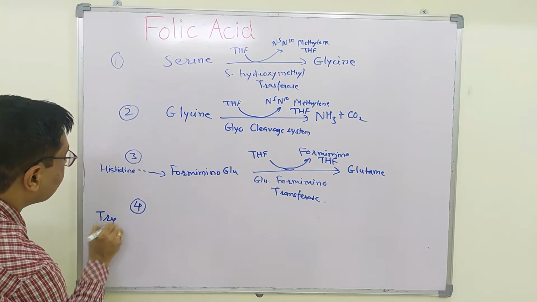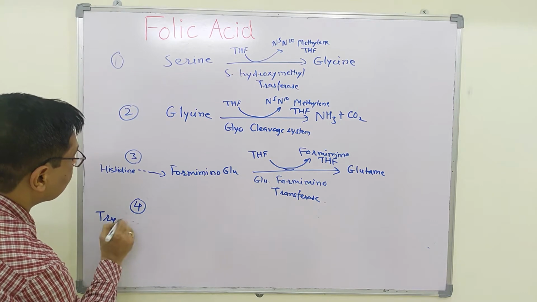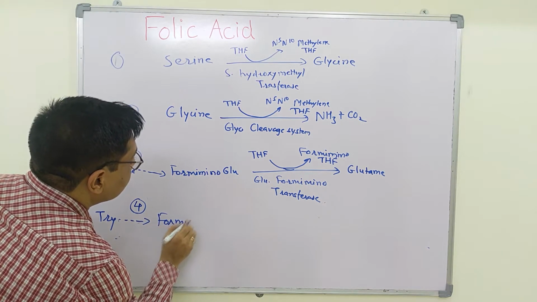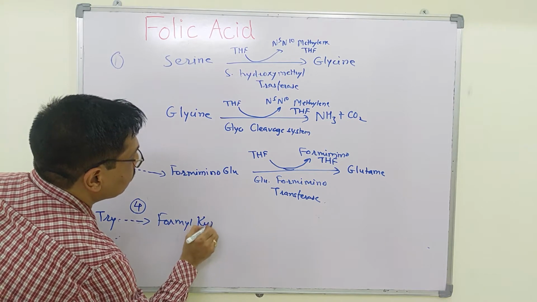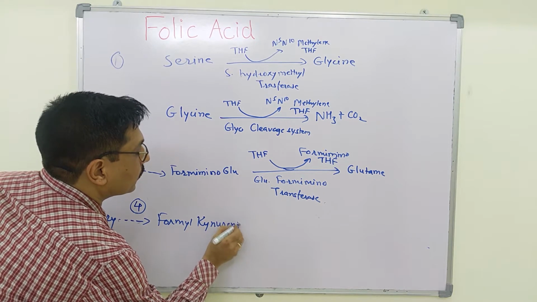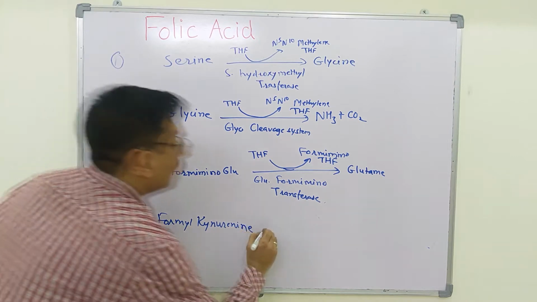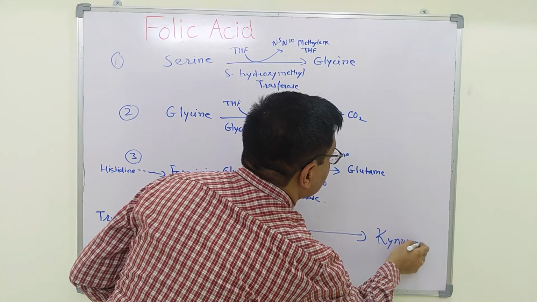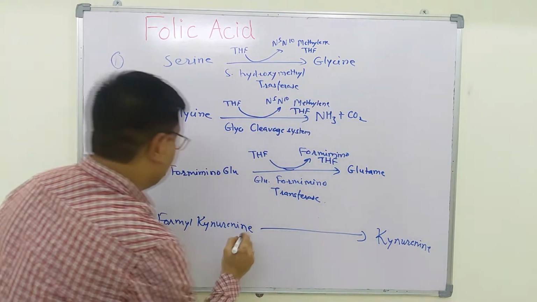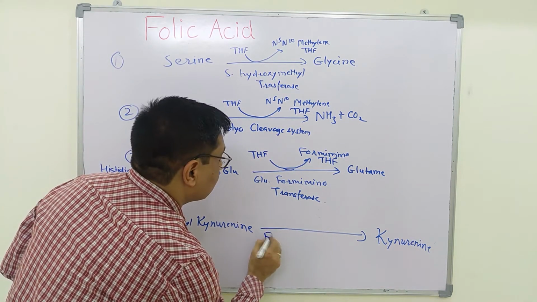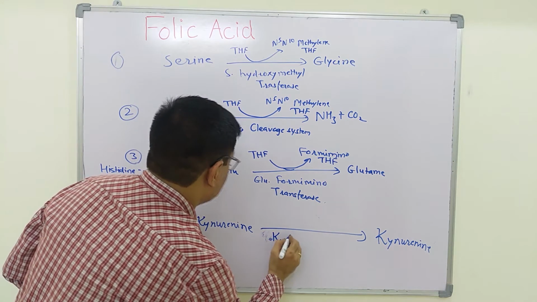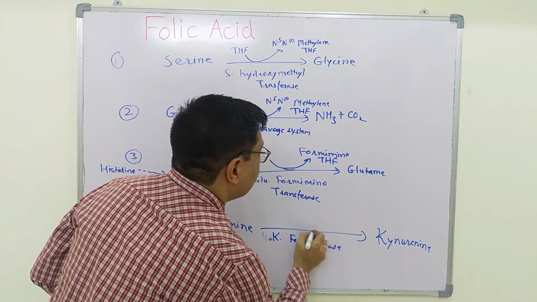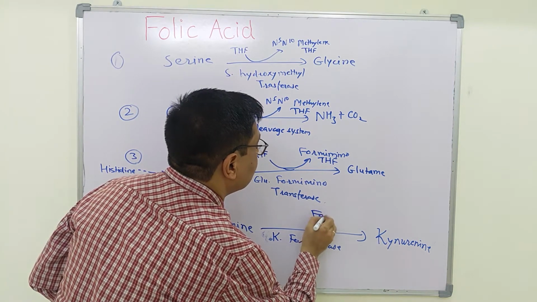Tryptophan, during its metabolism, is converted to formylkynurenine, with the help of kynurenine formidase, and formate group is released.